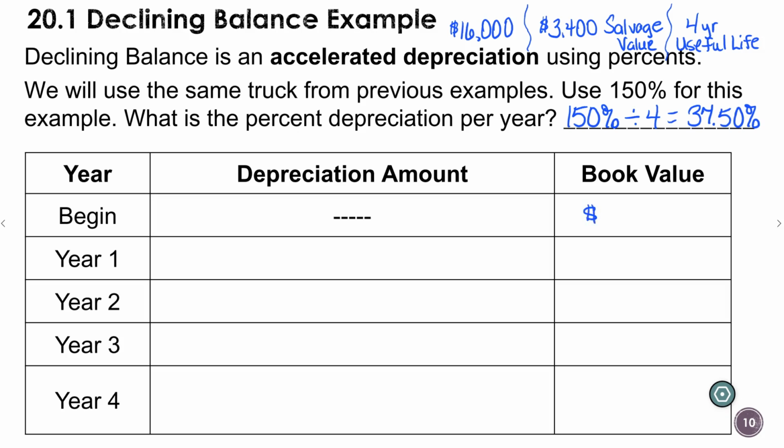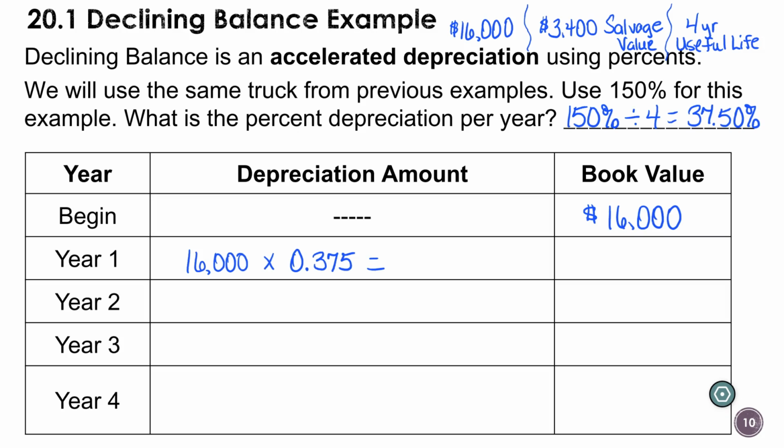Our beginning book value is $16,000. And then we will take that for our first calculation, 16,000, and we're going to multiply that by our percent in decimal form, so we're going to change that to 0.375, and then we simply multiply.